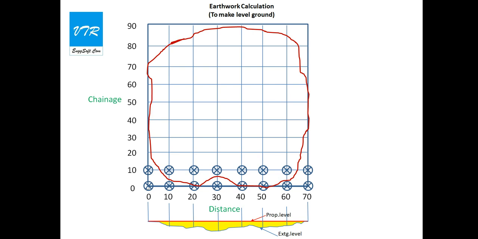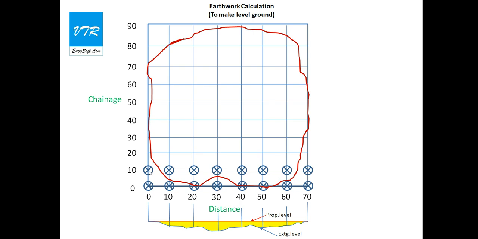So the concept which is used here is the cross-section area at 0 chainage and the cross-section area at 10th chainage. We find out, we take the average area and multiply by the distance, and that will be the quantity of earthwork required for filling up between these two sections.